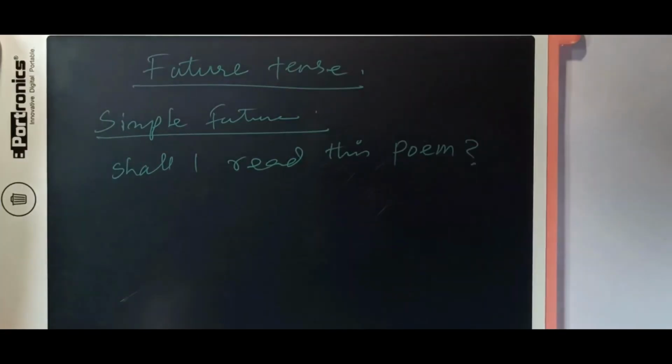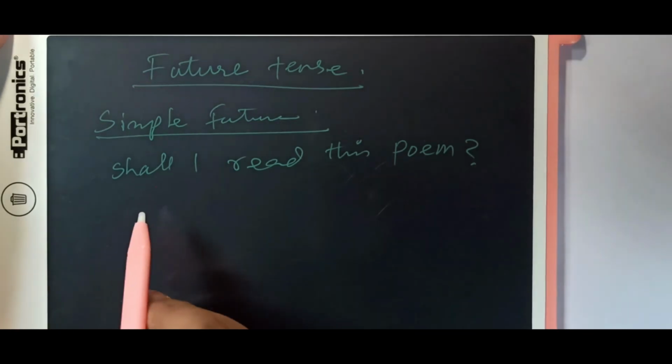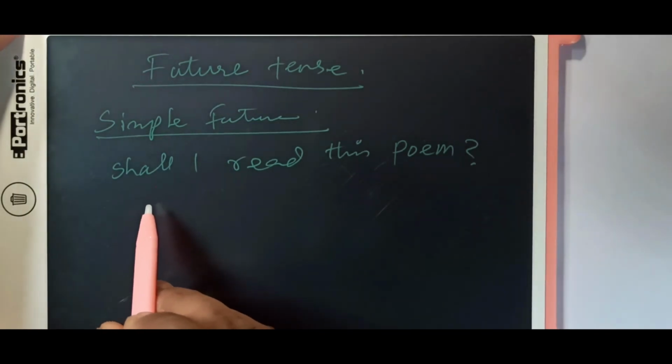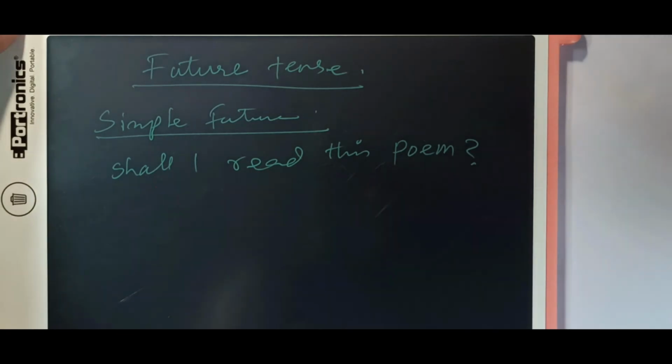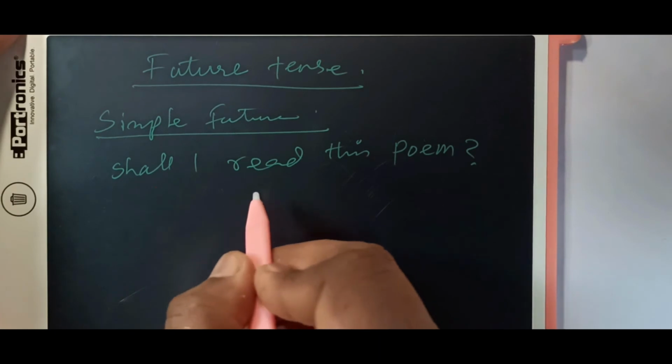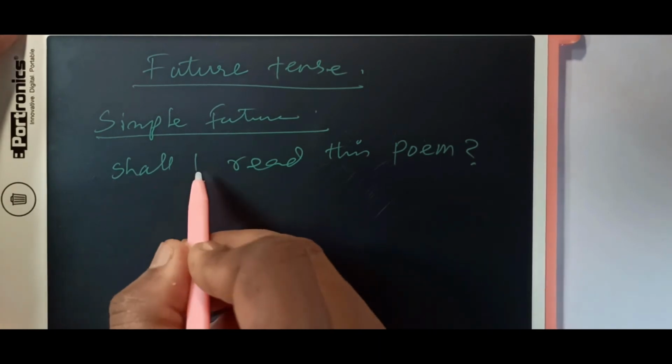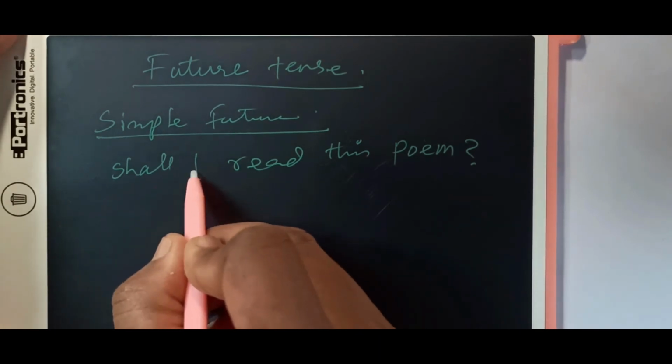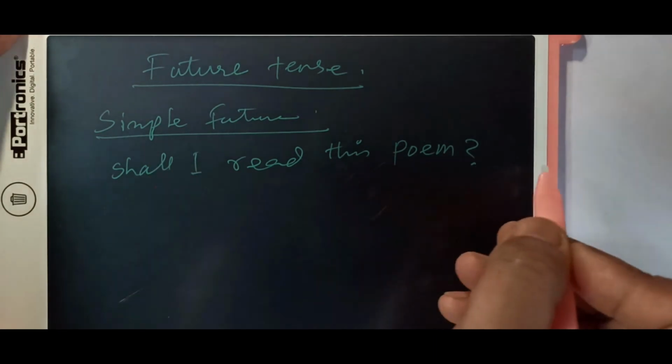Okay, now let's see future tense. Simple future first of all, and we will see future perfect after that. In simple future, we see the sentence like this in interrogative form. Shall I read this poem? So how do you do this now? Let's see. This shall I, if you turn it into an assertive sentence, becomes I shall read this poem.